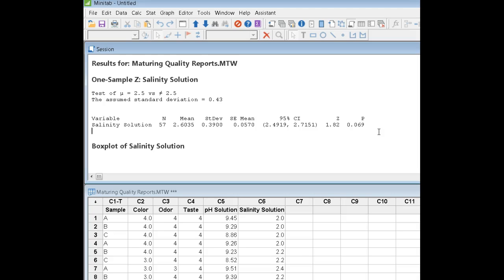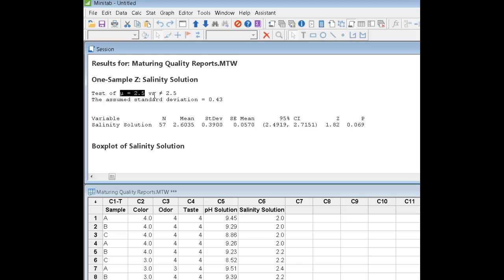So what does that mean? Is P less than alpha? The answer is no. And anytime the answer to that question is no, we fail to reject the null hypothesis, which ultimately means that based on these data, it would appear that the salinity of these canned shrimp is not significantly different from 2.5.